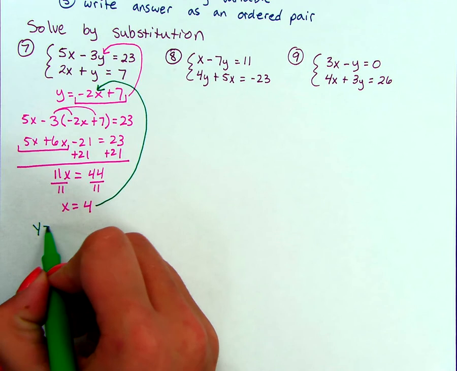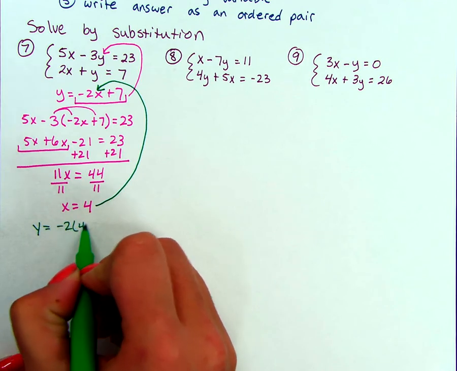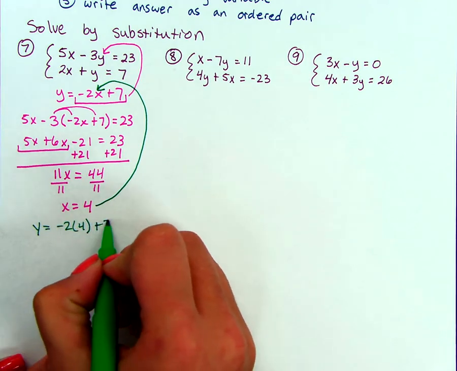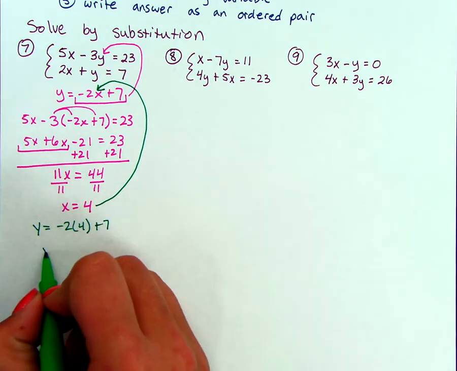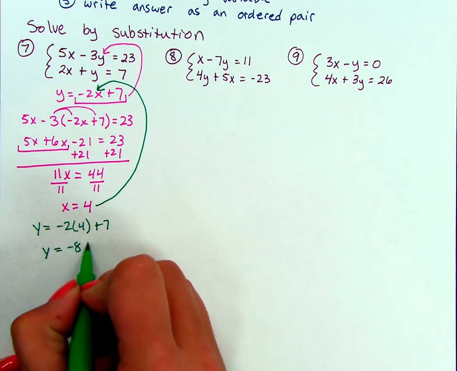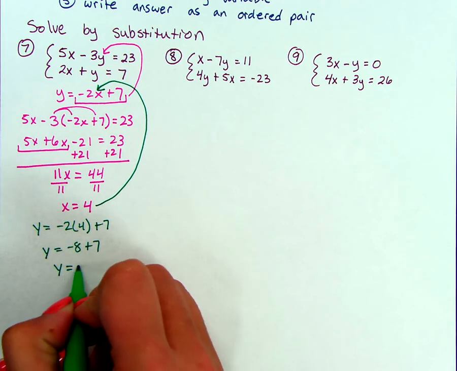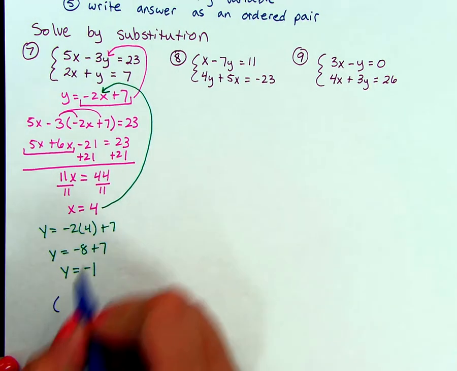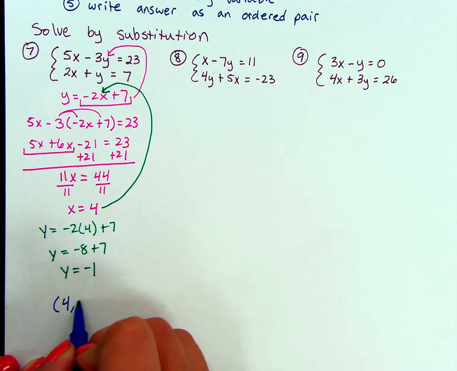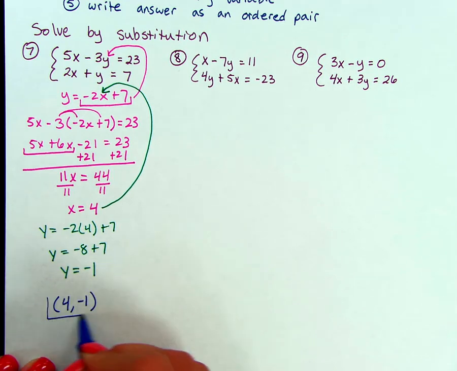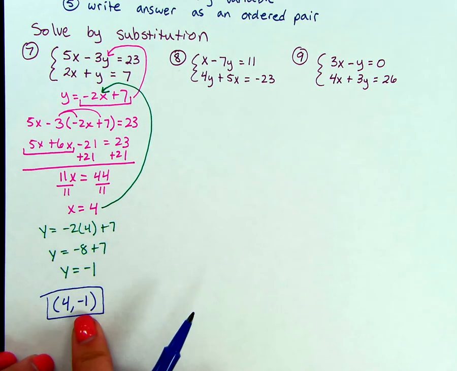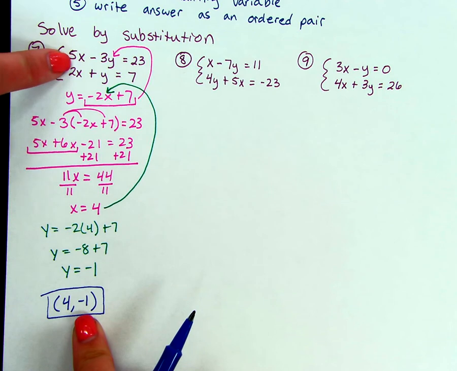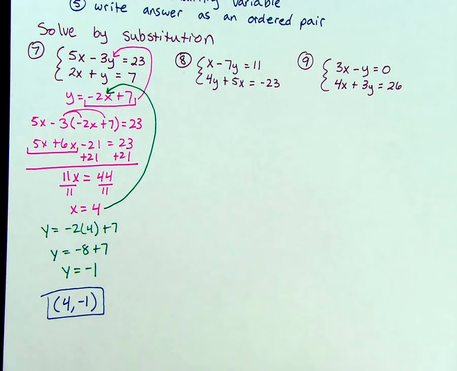So y equals negative 2 times 4 plus 7. Simplifying, we would have y equals negative 8 plus 7, so y has to be negative 1. And again, we're going to write our final answer as a point. So the x always goes first, so that's 4, and then our y value is negative 1. So this is the point where these two lines would intersect if we were solving by graphing.